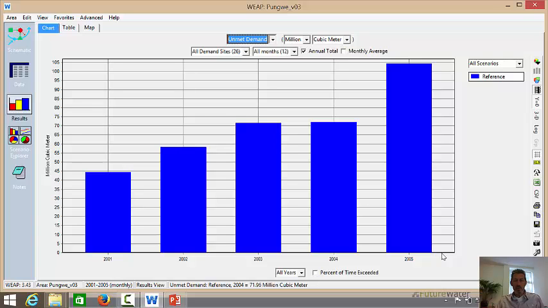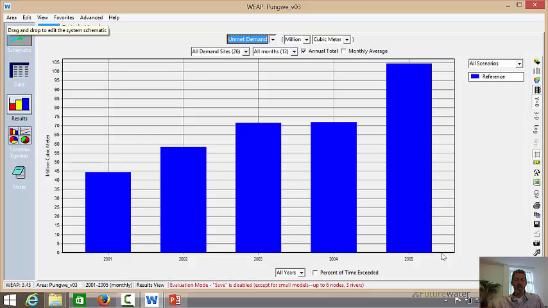Now that seems to be of course a very complex question. Building a reservoir requires a big study, etc. But before you start with such a complex study, it might be useful to do a quick analysis using WEAP. So let's build a reservoir. And I will show you that it goes very quickly in WEAP.